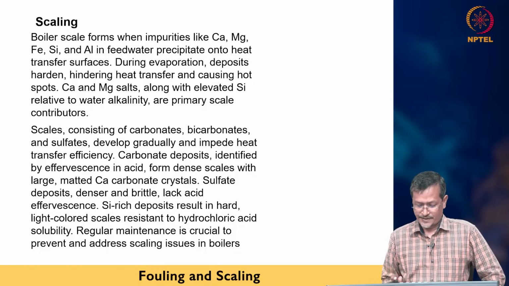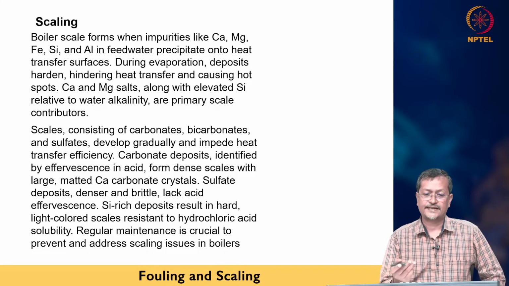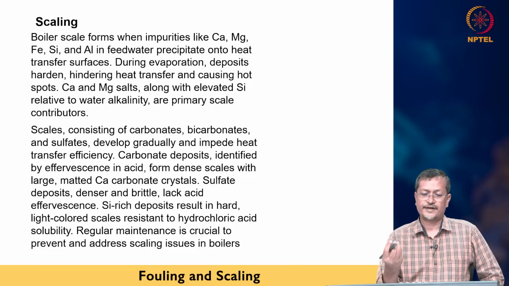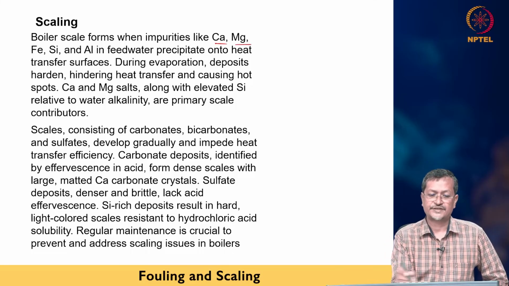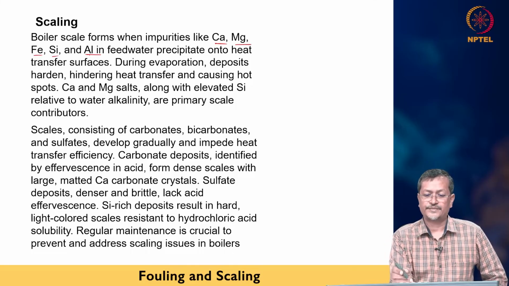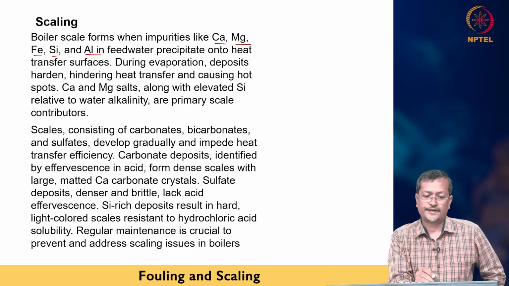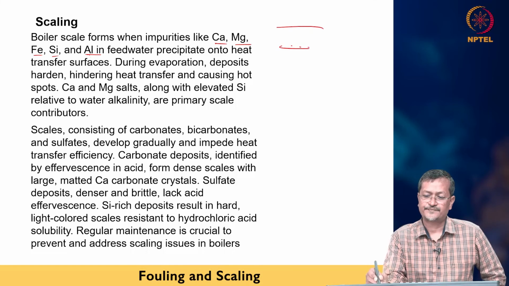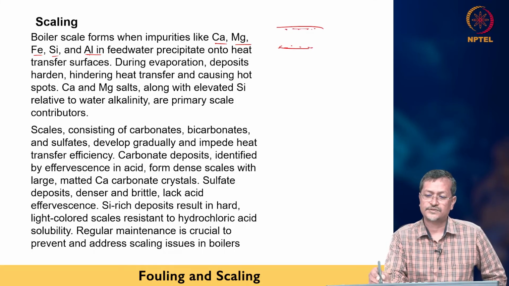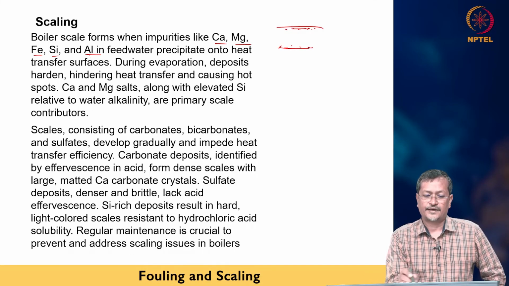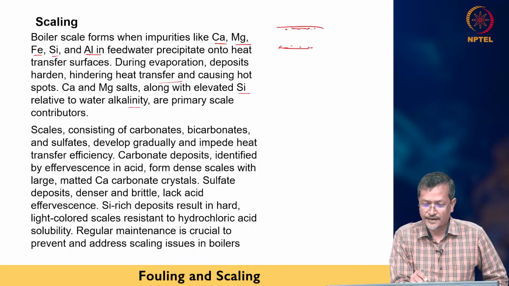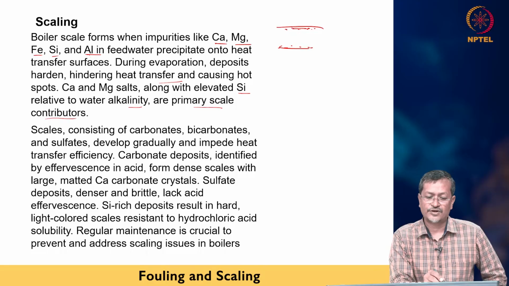Another term is scaling, which is also called fouling. Scaling is when lots of salts get deposited, like calcium salt, magnesium, silicon, iron, aluminum, if present in the water, on the heat transfer surface. Very strong salt will be deposited, hindering heat transfer and causing hot spots. Calcium and magnesium salts, along with elevated silicon related to water alkalinity, are primarily scale contributors.